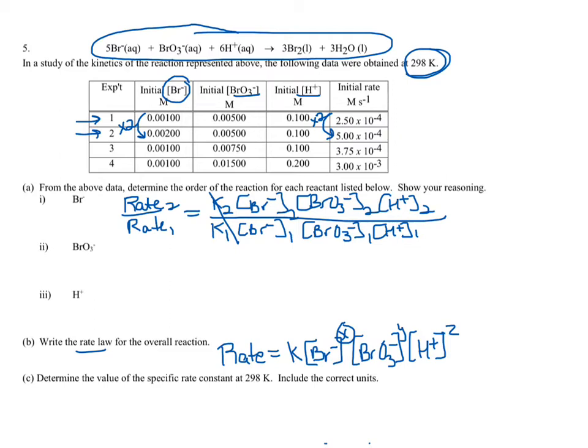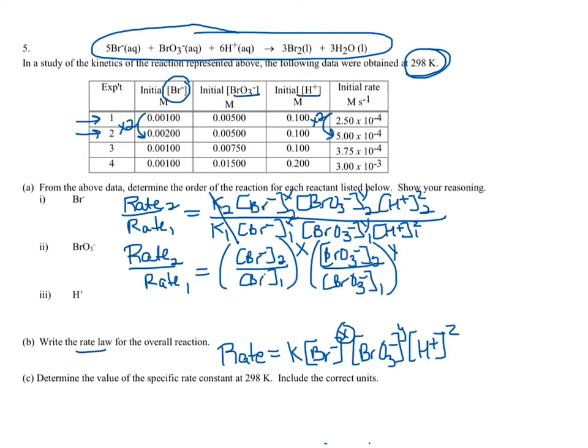And I can't forget to also raise all of these to the power that is their exponent, which I forgot to show. Okay, so this really simplifies. The k's drop out, and again, I'm really just doing a ratio of rate 2 over rate 1, equals the concentration of Br minus in trial 2 over Br minus in trial 1, raised to some x power.